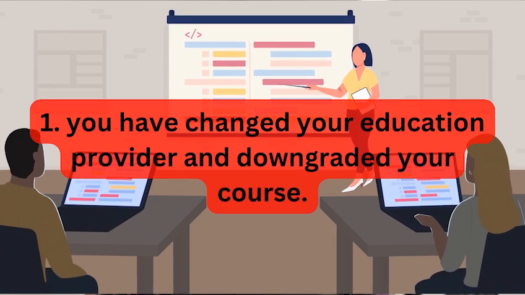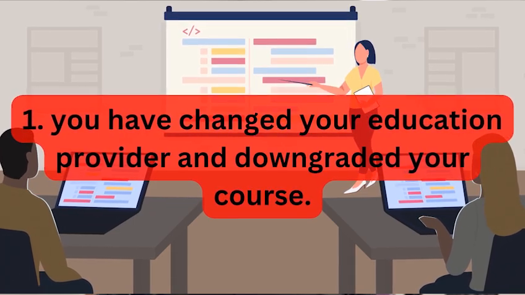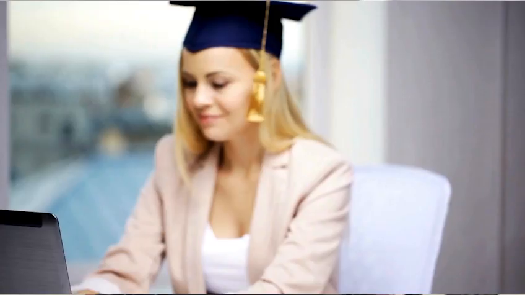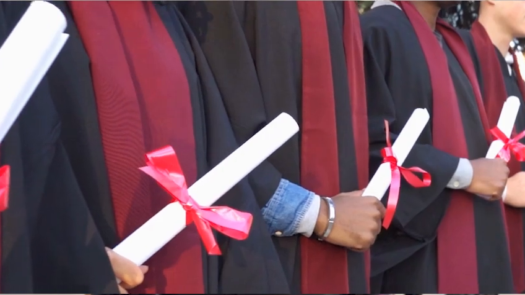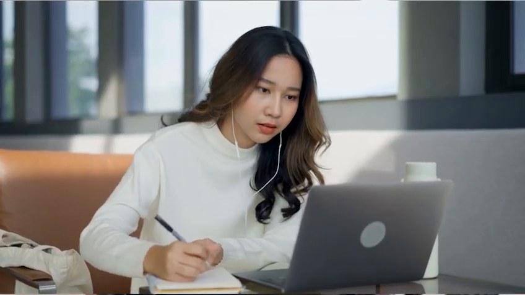Number one, you have changed your education provider and downgraded your course. For example, if you're studying bachelor's level studies and then you went to another education provider and are now doing like a diploma or a certificate level course, and the immigration gets notified, and this happens at times when the previous education provider cancels your COE and notifies the Department of Home Affairs.